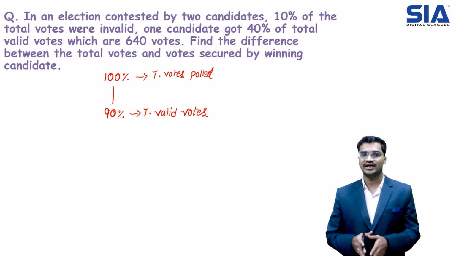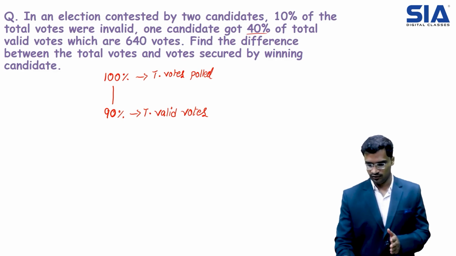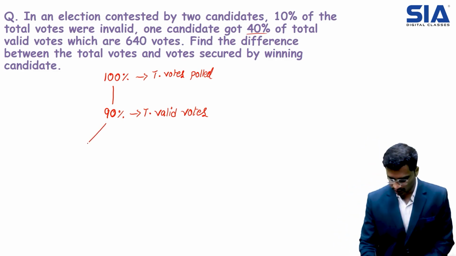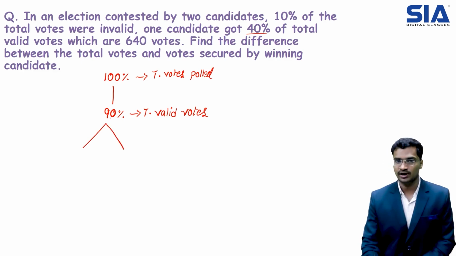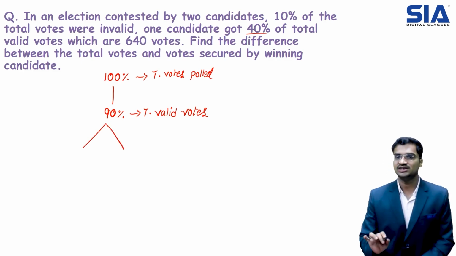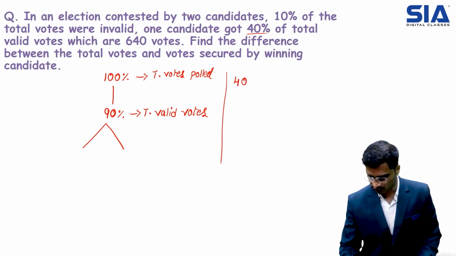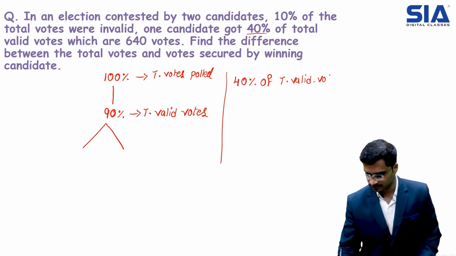Now, one candidate got 40% of total valid votes. He is getting what? 40% of 90, not 100. He is getting 40% of total valid votes.